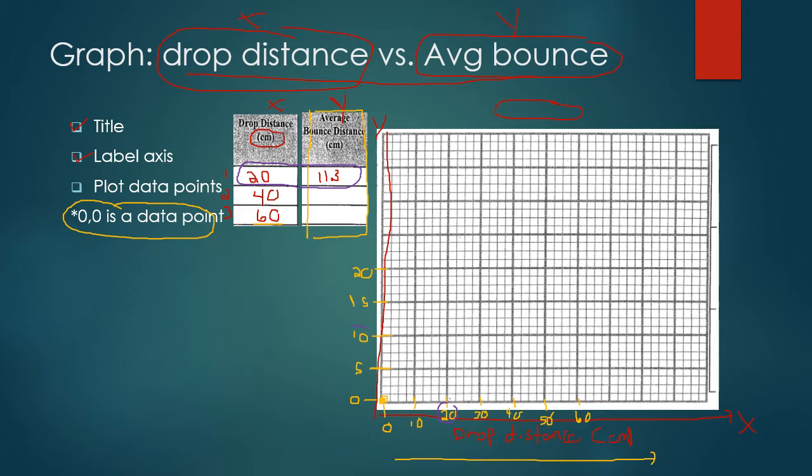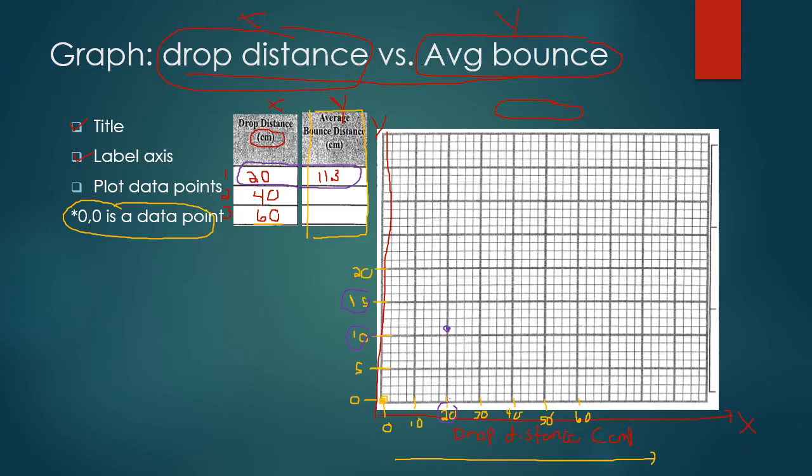So notice we have 10 on the y, and then our next one is 15. So that means 11 is just going to be a little bit over this line. So I'm going to make my data point probably right here. So that's going to be my first data point.